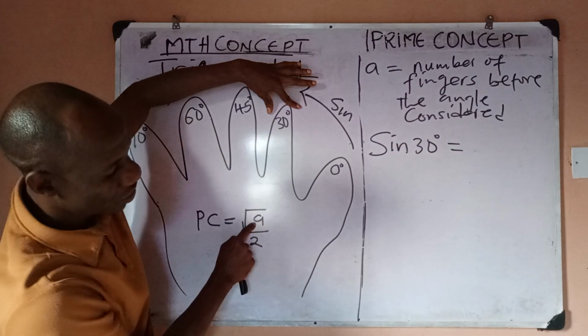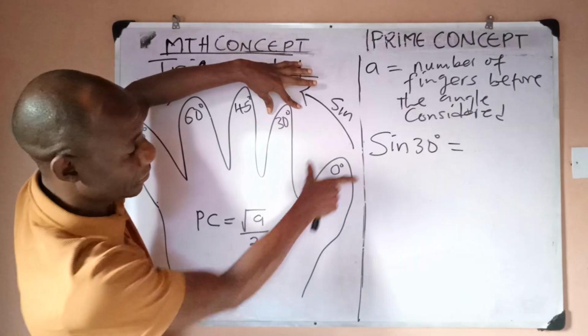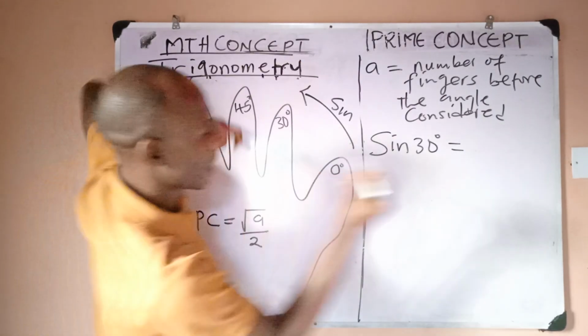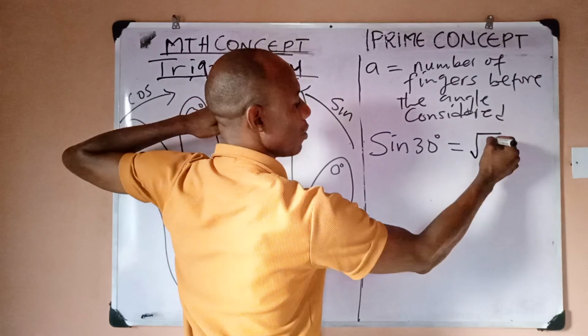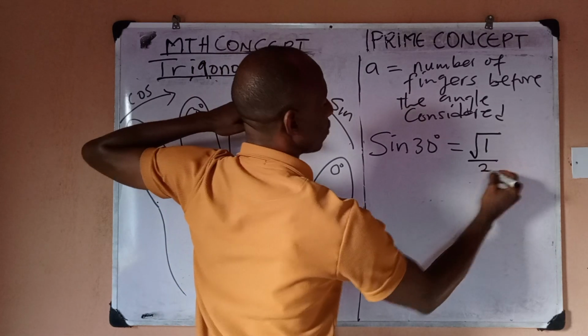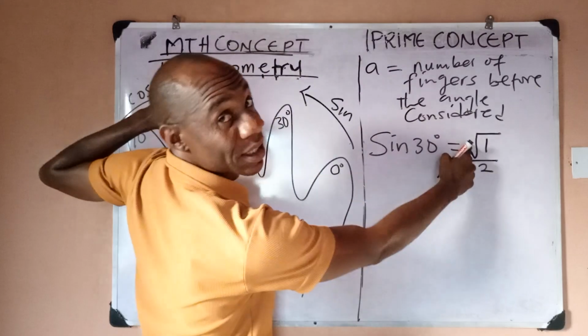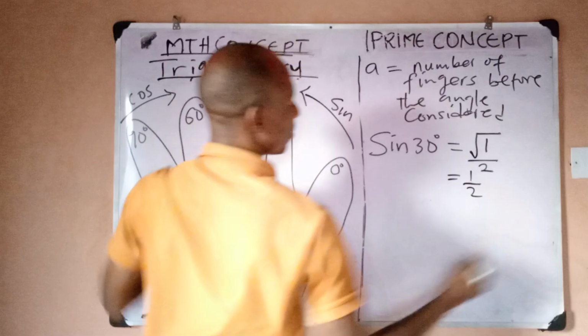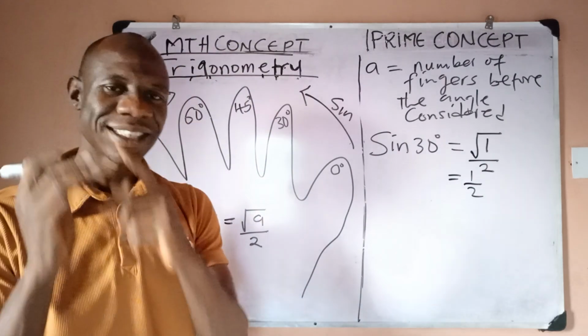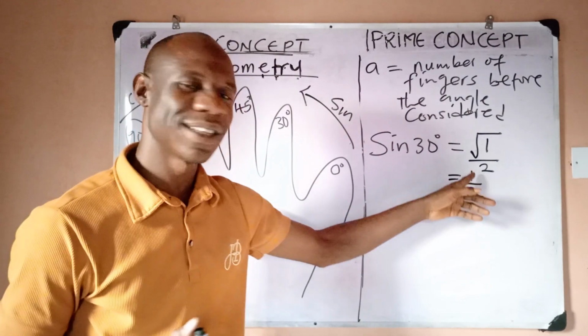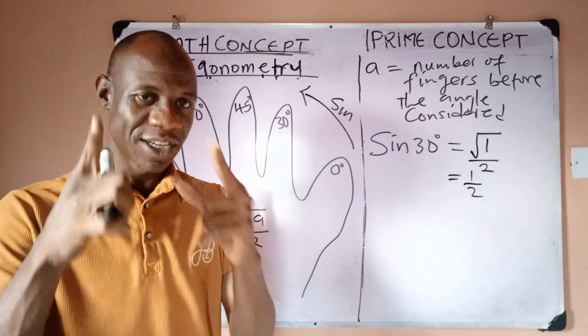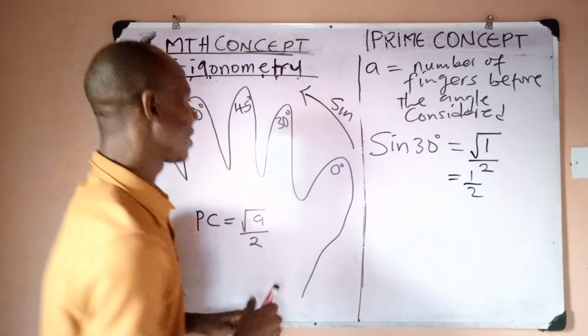So it means I'm going to replace a here with 1 finger, 1. So I would have square root of a, which is 1 in this case, over 2. Please, what is root 1? Root 1 is 1 all over 2. So meaning that sine 30 degree is same as what? 1 over 2.